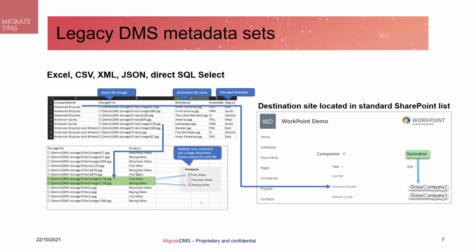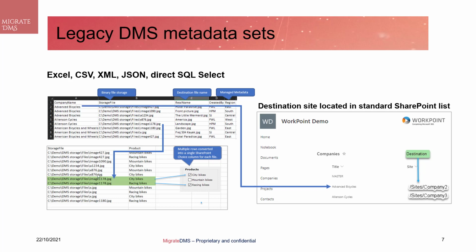Secondly, we're receiving another Excel file that describes what is actually in the picture. In this case, this image file has two bikes in the picture, a city bike and a racing bike. So we want to checkmark the products column with city bikes and racing bikes inside SharePoint.